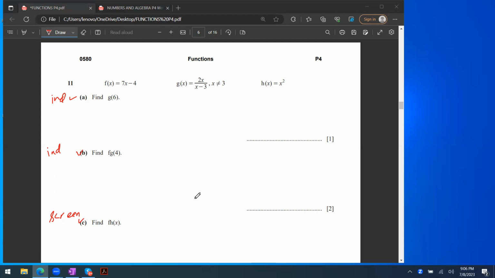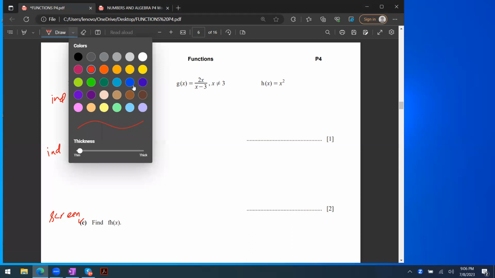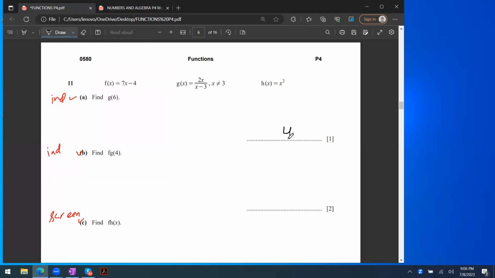G of 6 will be 12 over 3, 4. I hope everyone got 4. G of 4 is 8 divided by 8.